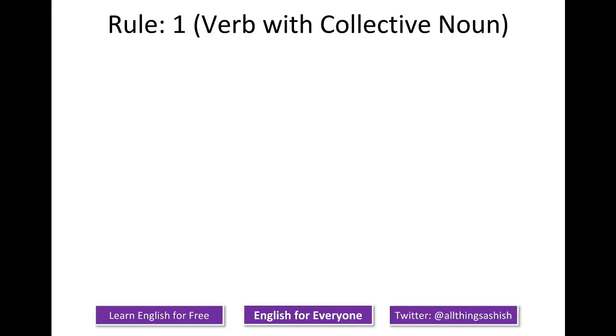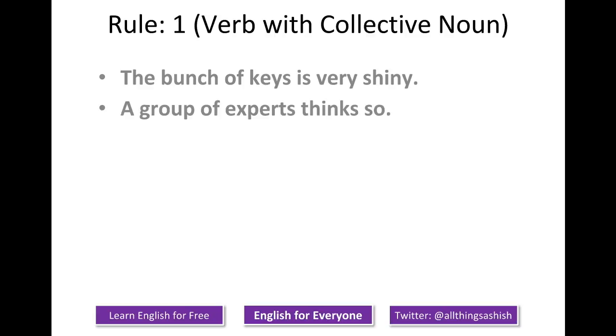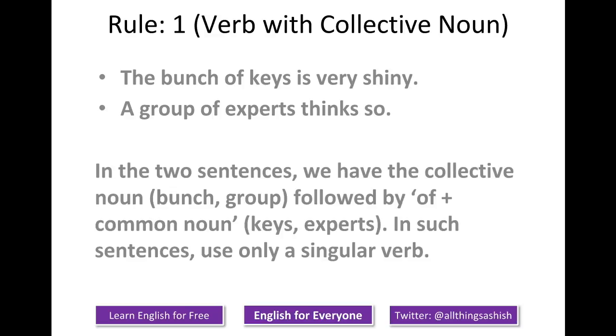Okay, so let's look at some more examples. The bunch of keys is very shiny. A group of experts thinks so. In the two sentences, we have the collective noun bunch or group followed by of plus the common noun.